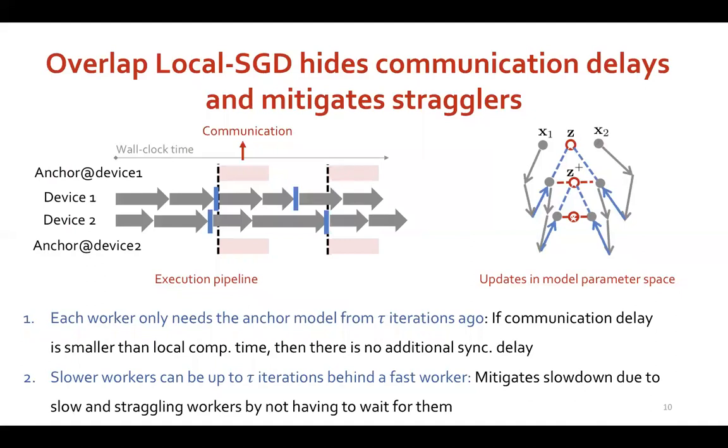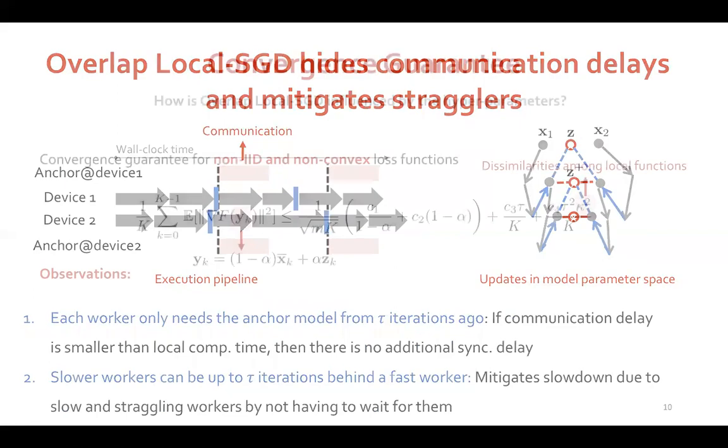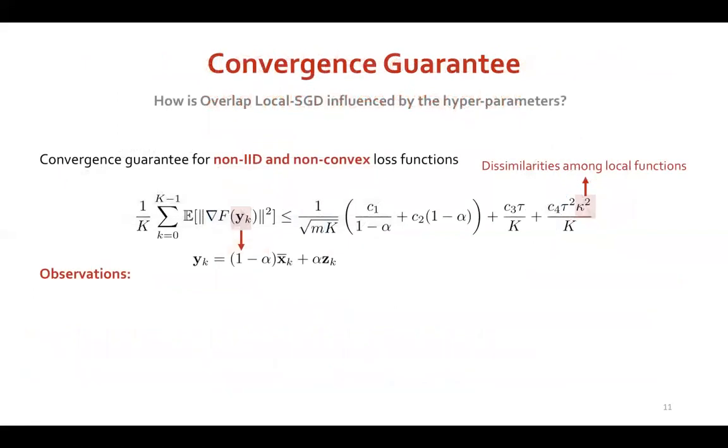It can proceed to the next round of updates, and only if device 2 is more than tau steps behind, then device 1 has to wait to get the updated anchor in order to go ahead with the next round of updates. So in this way, local update SGD reduces communication delay and also mitigates stragglers.